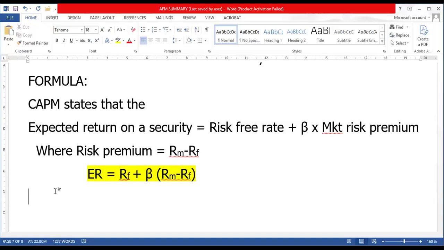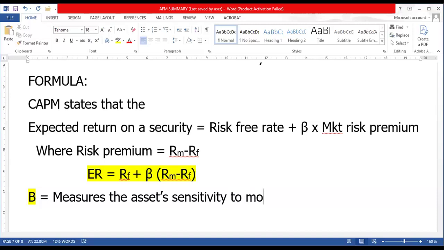Now, beta measures the asset's sensitivity to movements in the market. This beta that you see here basically measures the asset, in this case the investment, sensitivity to movements in the entire market.